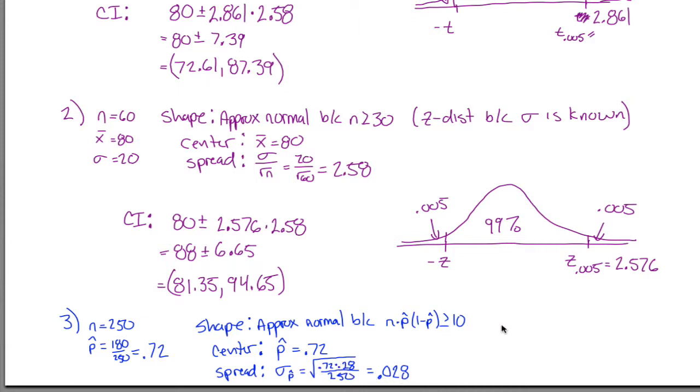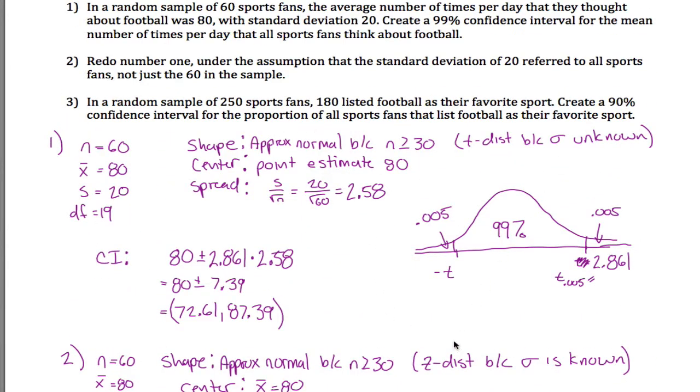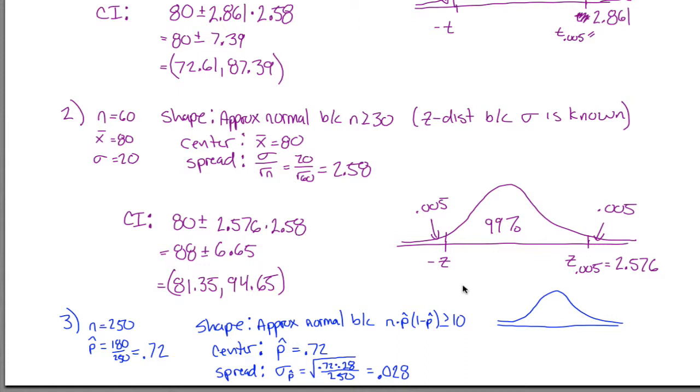And so what I get for my picture, I'm going to have to make it a small picture, is I want a 90% confidence interval. If you want 90% in the middle, that means this is 5% out here, and z sub 0.05, z because it's a proportion, those will always be z's, is equal to 1.645.